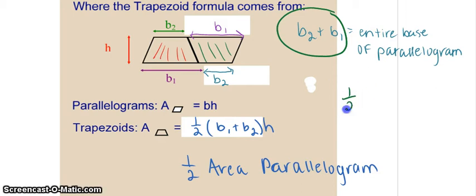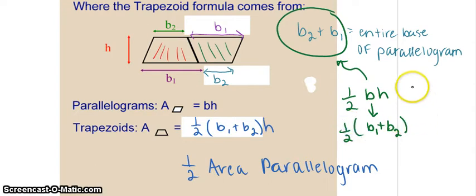So it's half of base times height, only our base is going to be base sub 1 plus base sub 2, because the entire base of a parallelogram would be adding those two bases together. So it becomes 1/2 of the sum of the bases of a trapezoid times the height.